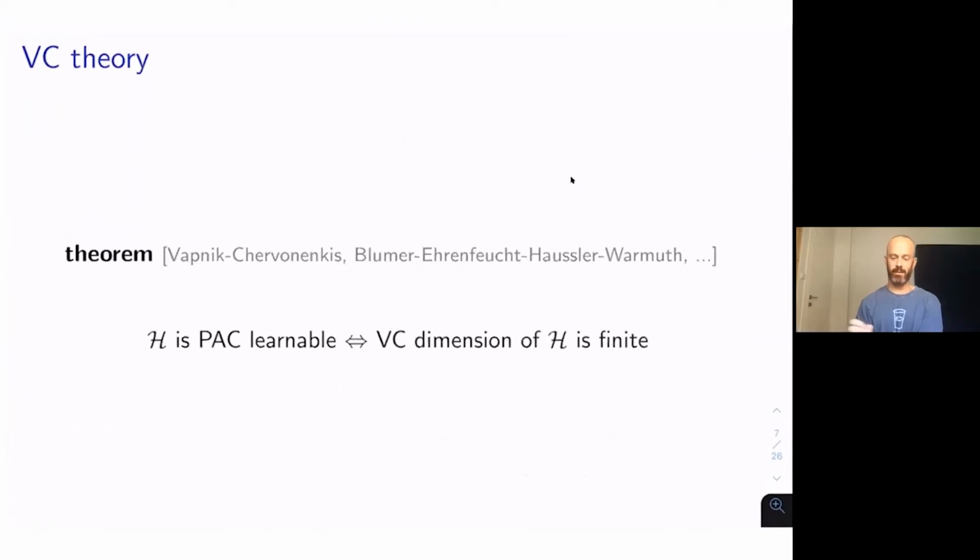It relates machine learning and combinatorics. The theorem states that if we want to learn with context H, this is possible only if its VC dimension is finite, and vice versa.